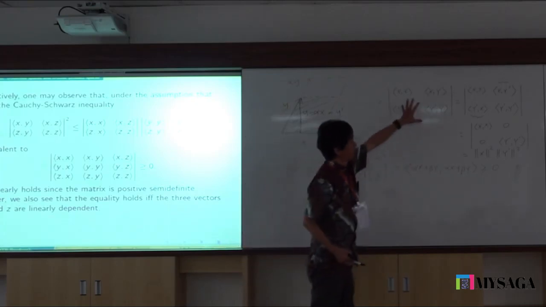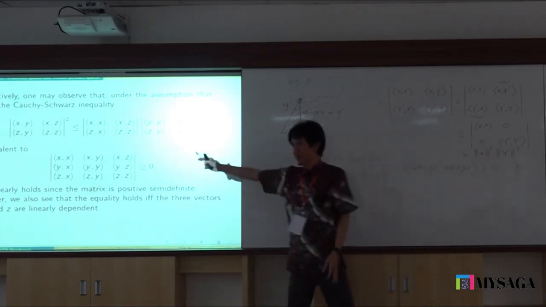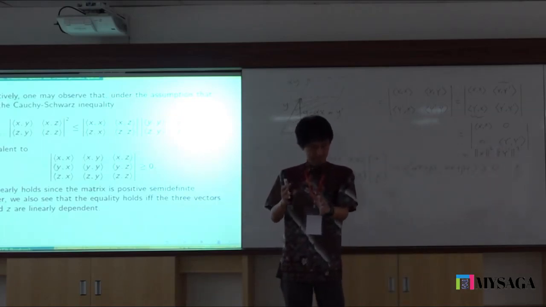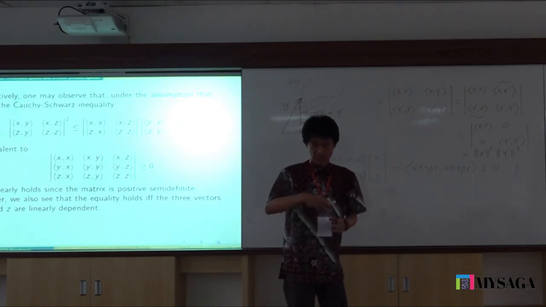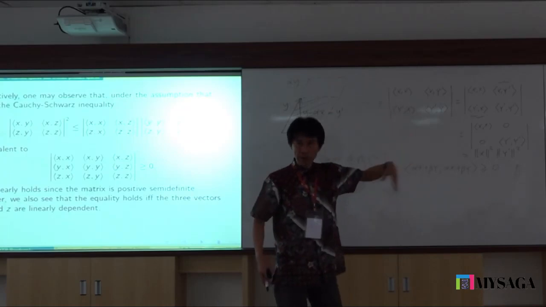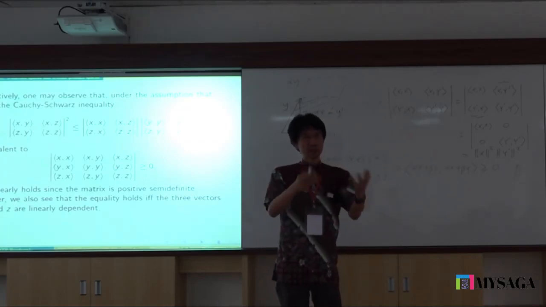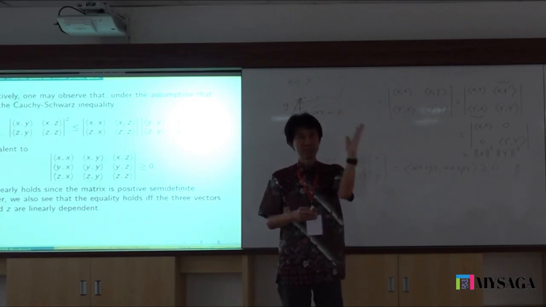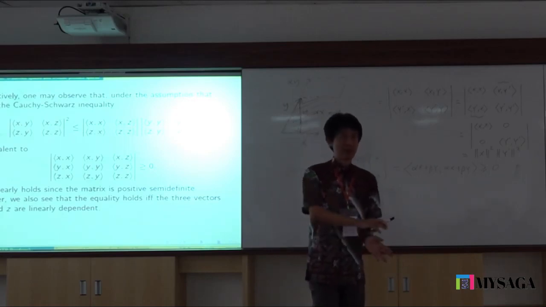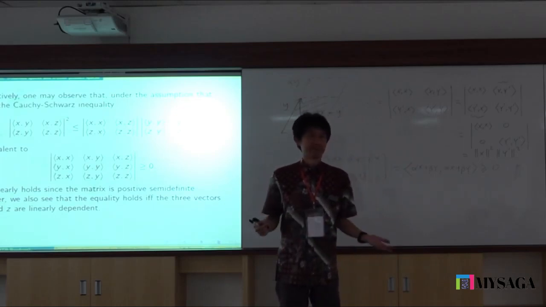And if you do the elementary row operation, you can prove that this determinant is equal to the length times width. The width is obtained by projecting y onto x, and then times the height. The height is obtained by projecting z on the base spanned by x and y. Okay, that's high school.